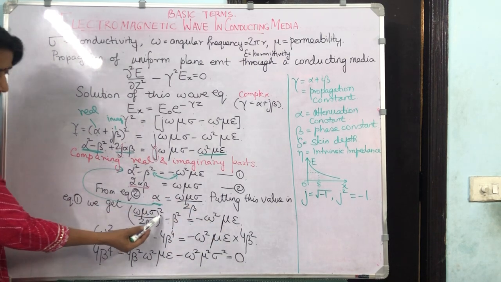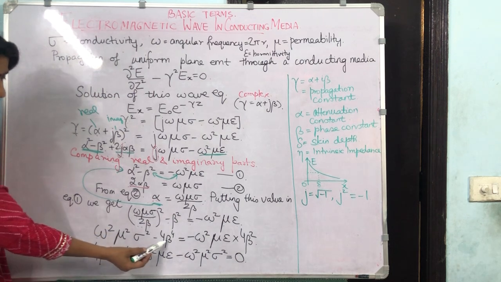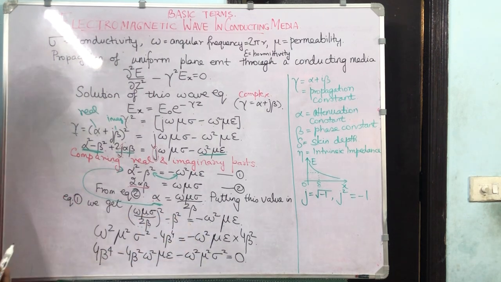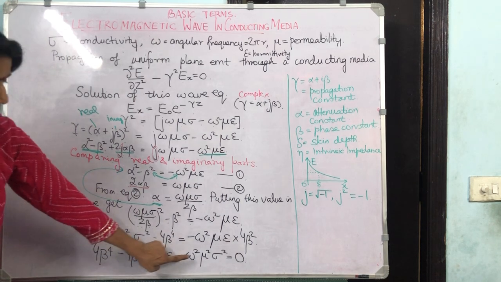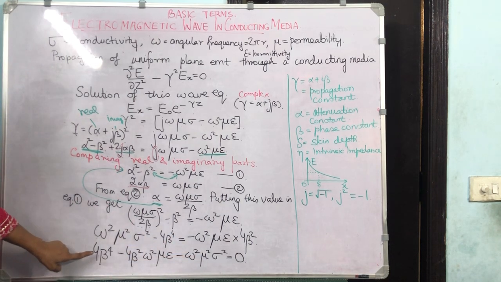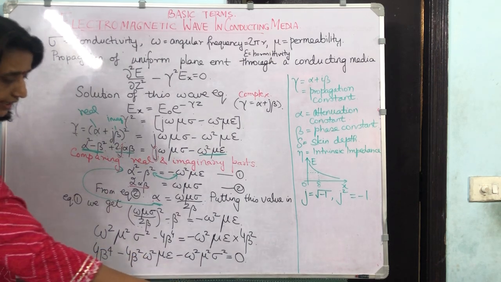Now we have squared this quantity and we get this expression. This is a quadratic equation, and from Sridharacharya's formula we can easily find out the value of beta.